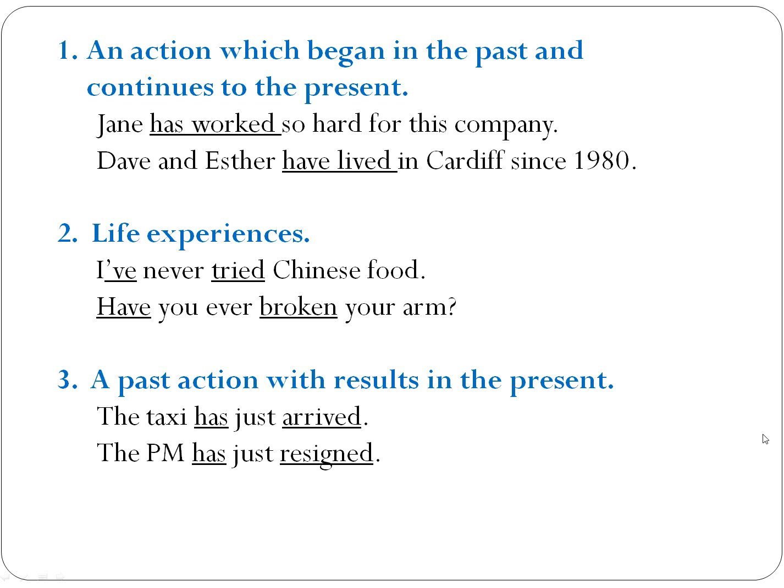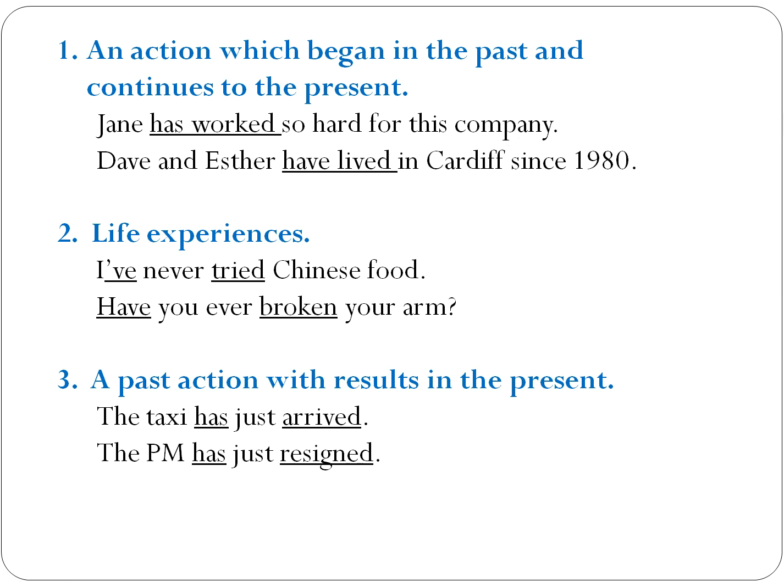Okay, so in general, we're going to say that we use the present perfect simple tense to refer to an action which began in the past and continues to the present. Jane has worked so hard for this company. She worked in the past for the company, but she still works for the company. The action is not finished. If Jane does not work in the company anymore, in the present we're going to use the past simple because it is a finished action.